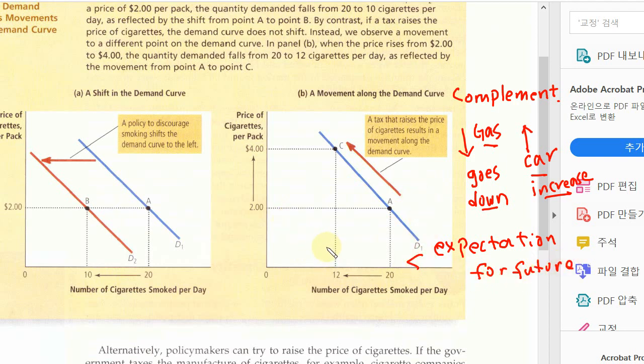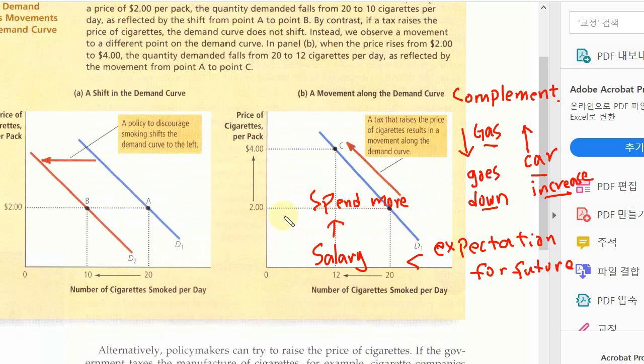You are expecting an increase of salary. Then you will spend more today, because you are looking forward to a higher salary. If you expect the salary from tomorrow, you will spend more today.